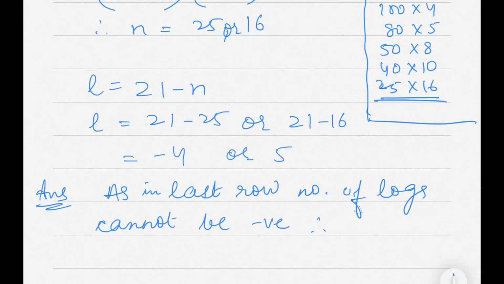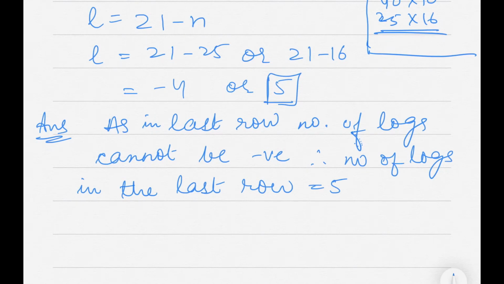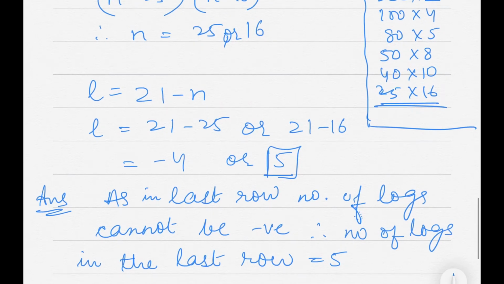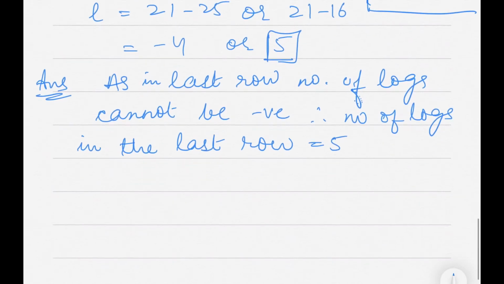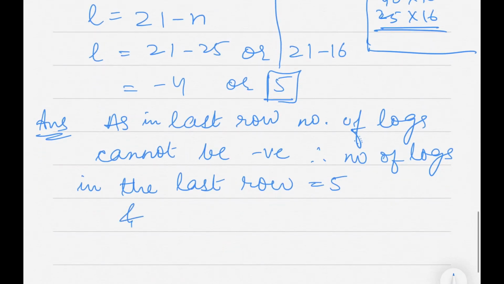Therefore the number of logs in the last row would be equal to 5. And how many rows are there? n came out to be 16 because of that, so the number of rows is equal to 16.